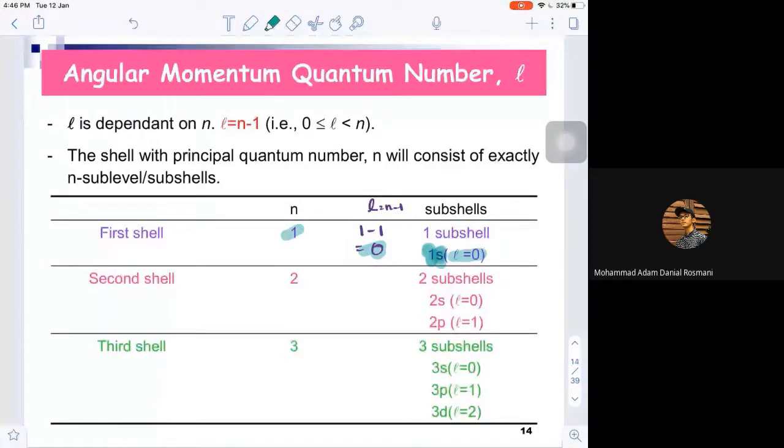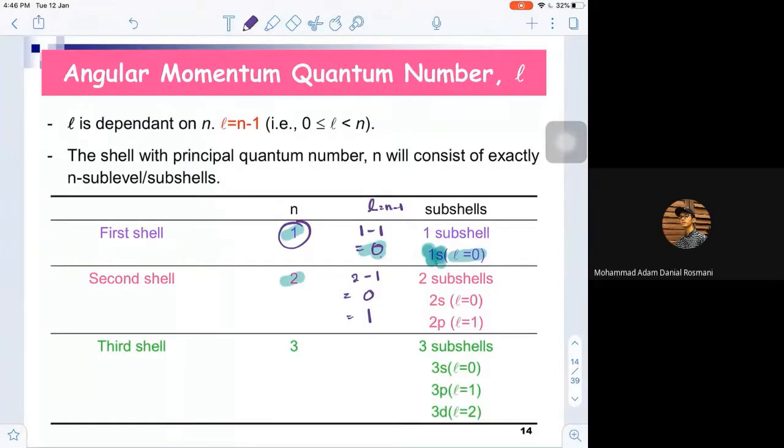When n is equal to 2, the L value will be 2 minus 1, starting from 0, so L will be 0 and also 1. So we have 2 L values when n is equal to 2. The n value is like the level. At the first level, the first shell, we have only L equal to 0, which means we only have an S orbital.